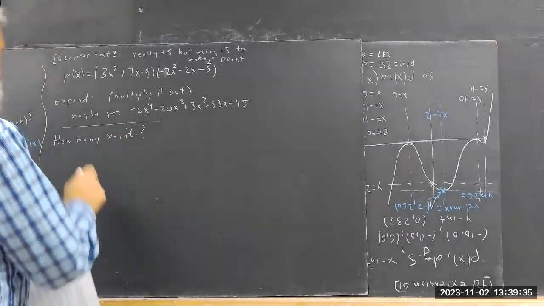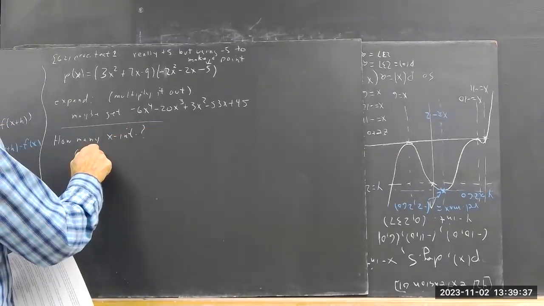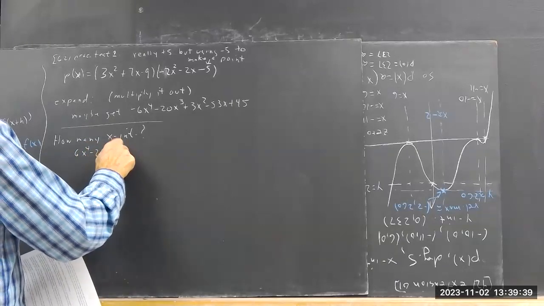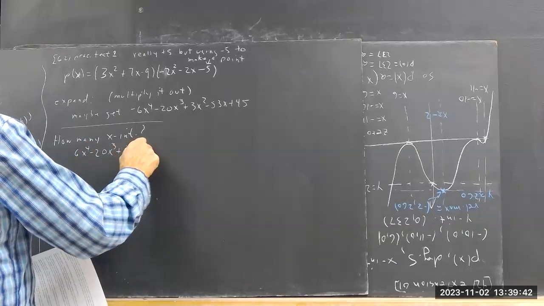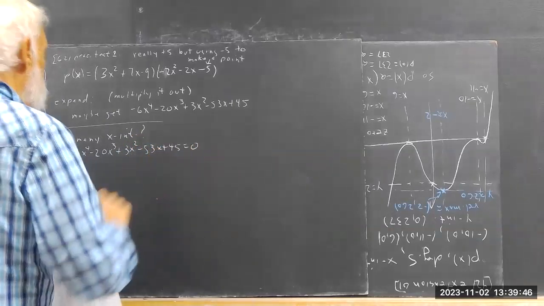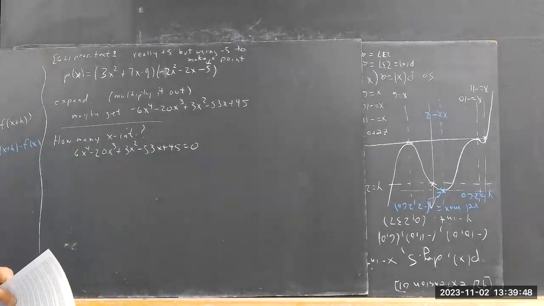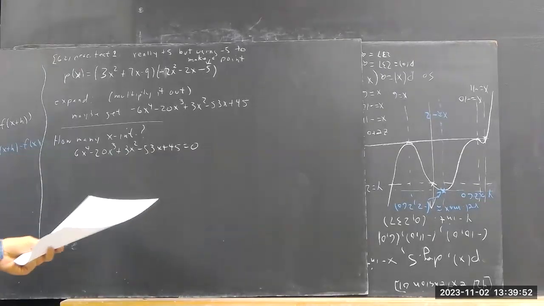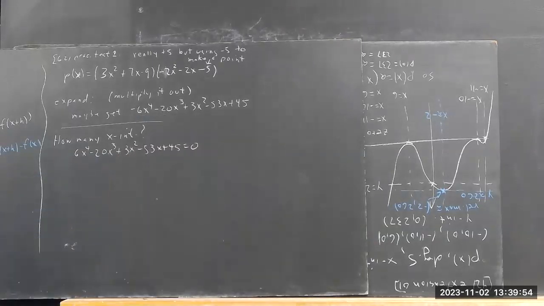Well, you would naturally then write down maybe 6x to the 4th minus 20x cubed plus 3x squared minus 53x plus 45 equals 0. You might do that, because I just asked you to expand it, you think, okay, I should use the expanded form.